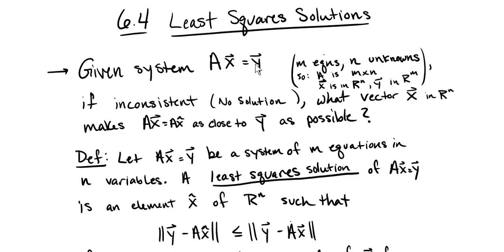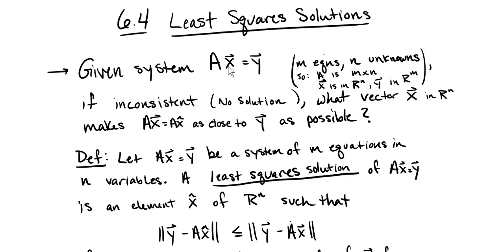And Y, the other side over here, must be the same as the number of equations. Those are all the right-hand sides of the equations. So that's in Rm, the number of equations. So given a system AX equals Y with this description, if it's inconsistent, meaning it has no solution, the idea of this section is, can we find a vector X in Rn that makes AX as close to Y as possible?